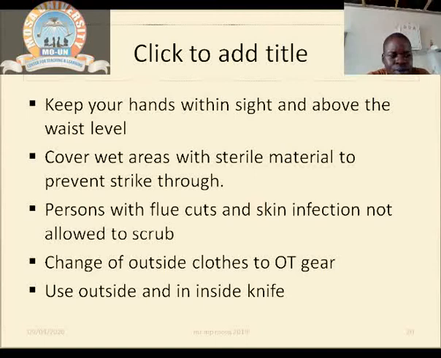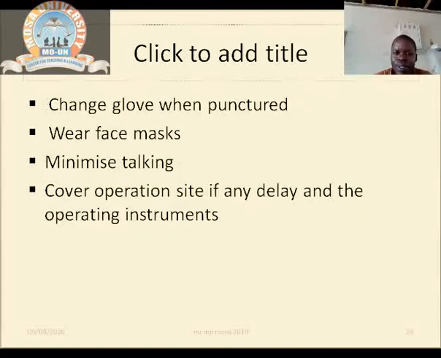Otherwise, if you use the shoes for outside and you bring them inside, you may bring what we call cross infection. You'll be just promoting cross infection from the external environment to the interior environment of theater.